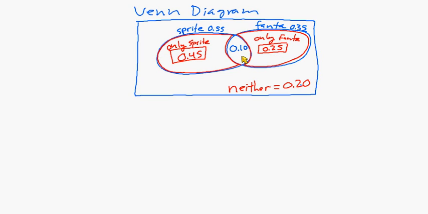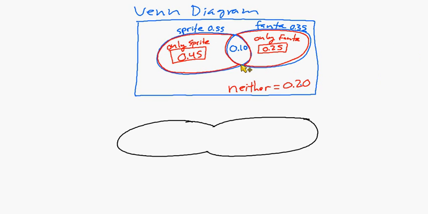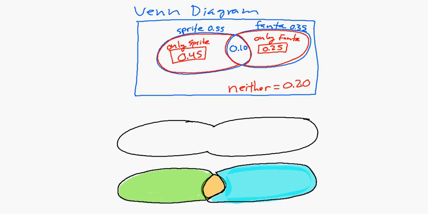There's an issue with this centerpiece. If we were to diagram just the Sprite or Fanta, really we're talking about the union of those two circles, which is this area, like that. Now, this area really you can see is made up of three sub areas, which looks kind of like this.